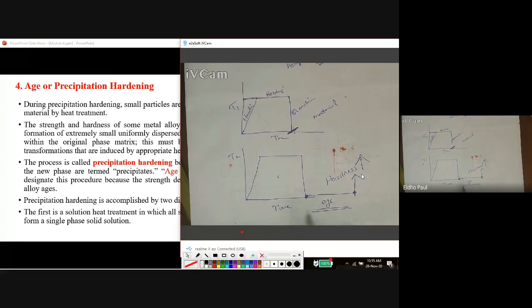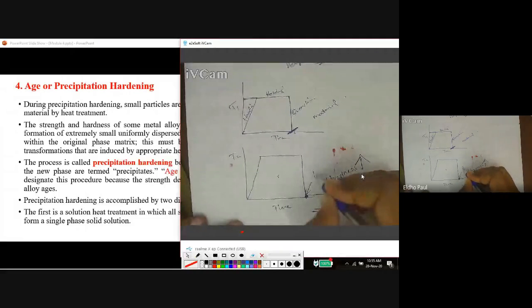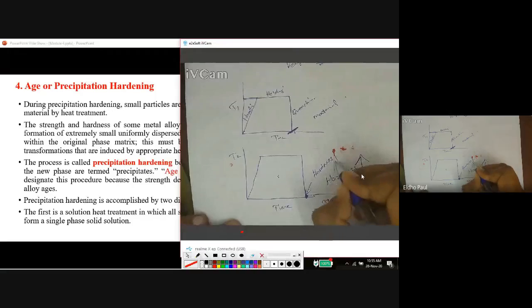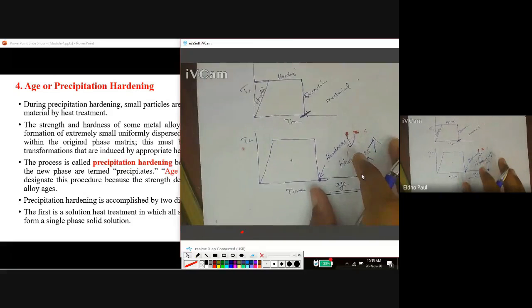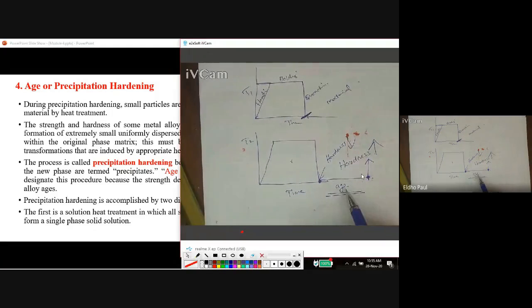After quenching, maintaining the sample at room temperature for a long time is called aging. By aging, the hardness is increased. After quenching the hardness is low, but after aging the hardness is improved. So he patented that innovation. This accidental development of microstructure is called age hardening or precipitation hardening.